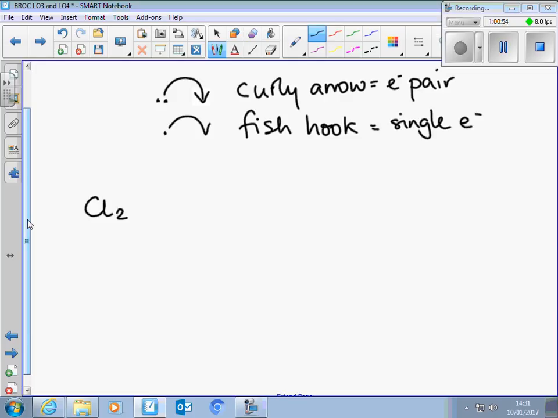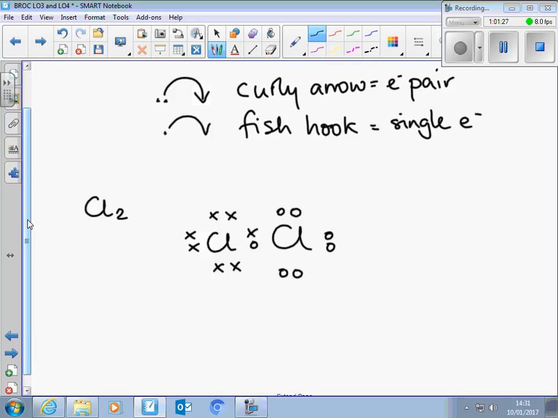So let's draw a chlorine molecule Lewis diagram style. The one on the left has 7 crosses representing its outer electrons. The one on the right has 7 circles representing its 7 outer electrons. And here's our shared pair.